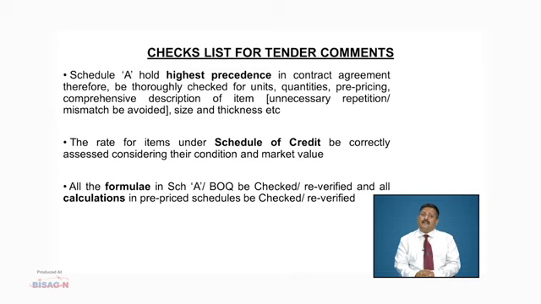The rate of items under schedule of credit is also correctly assessed and rechecked considering their condition and the market value. All the formulae in Schedule A and the bill of quantities have to be checked, re-verified, and all calculations in pre-priced schedules be checked and re-verified.